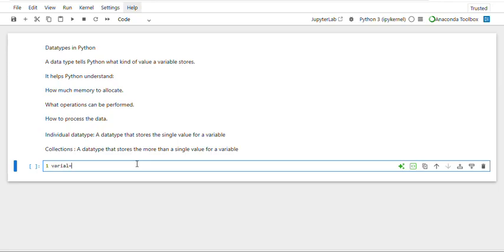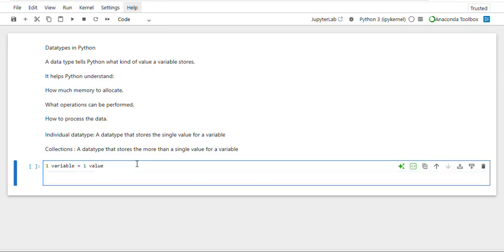One variable contains only one value. So let us see a few example types of individual data types. These are also known as single value data types.